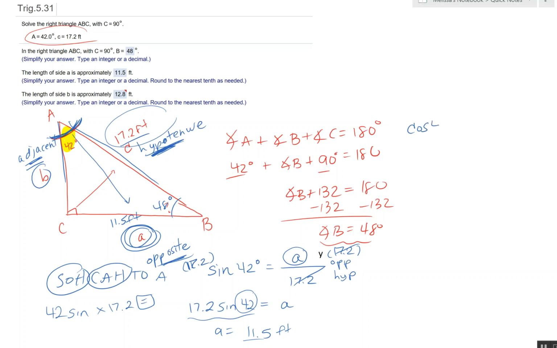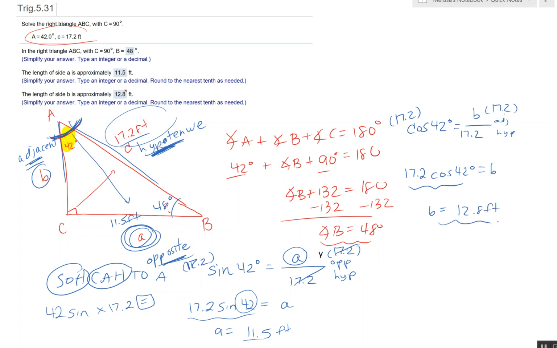Cosine of angle A, so cosine of 42 degrees, equals fraction. Adjacent side over hypotenuse. So I'm going to have B over 17.2. To solve this equation for B, we multiply both sides by 17.2. So I get 17.2 times cosine of 42 degrees is equal to B. And then when I enter that in the calculator, I get B is approximately 12.8 feet.